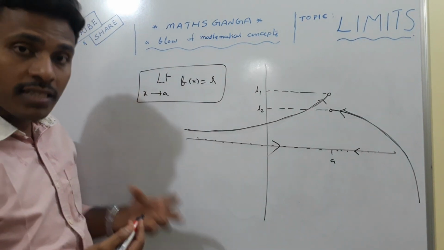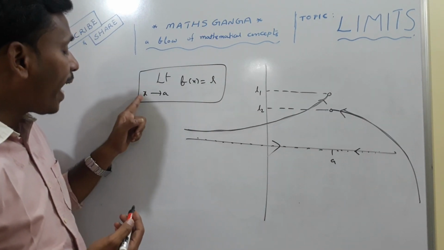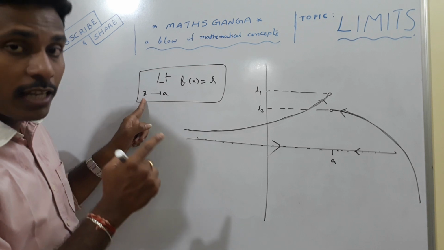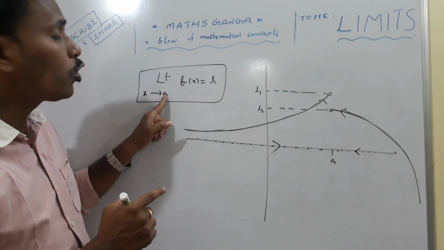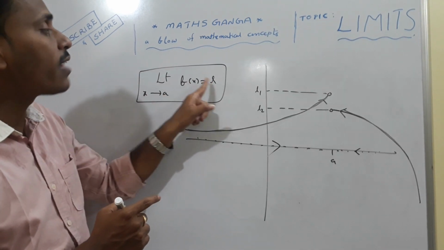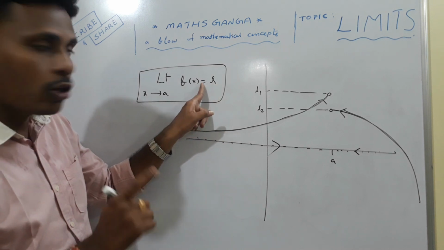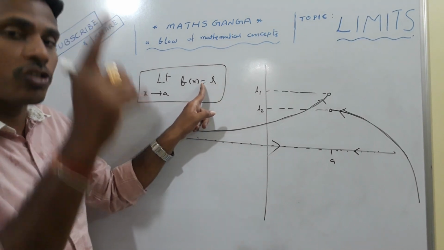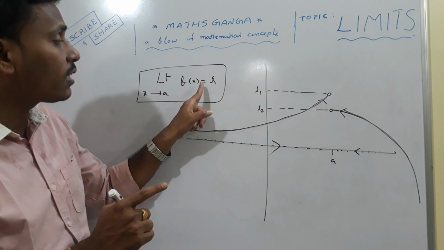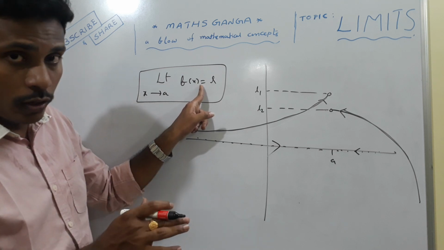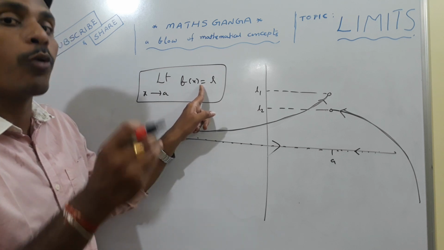This notation explains that if x, the variable in the domain, is approaching A, then f of x is approaching L. This equal to means approaches to. We need to understand that this equal to is not a general equal to; it is actually approaches to.